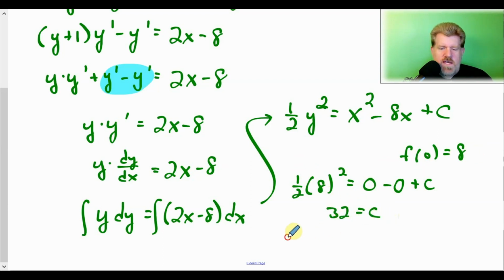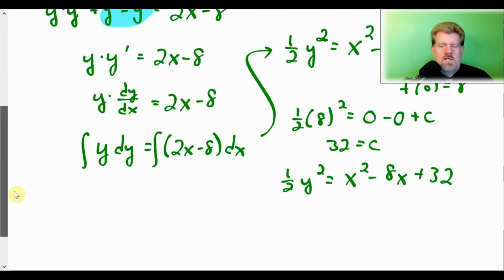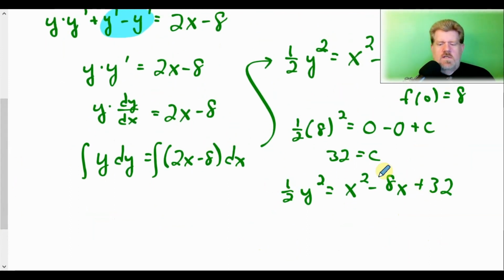So what do I have? I have this. Okay. Now, move this down a little bit. Okay, I want you to remember. Well, not remember. We got to solve for this. So I got to multiply everything by 2.